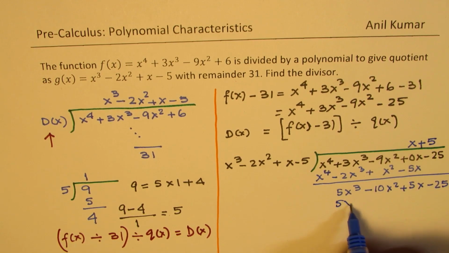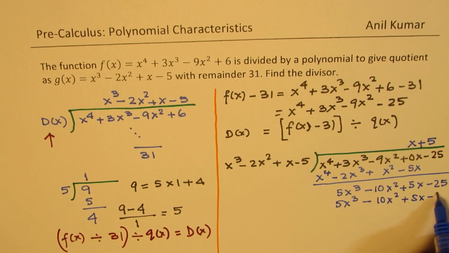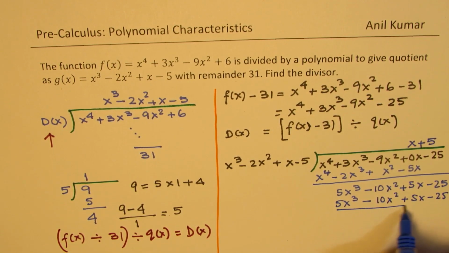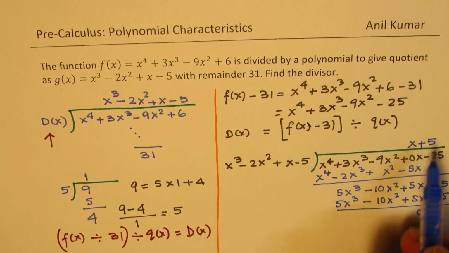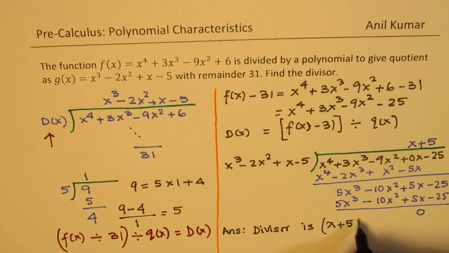So it goes 5x cubed minus 10x squared plus 5x minus 25, and as expected, the remainder will be 0, since that is a multiple, correct? And so we get our answer, and therefore we can write down our answer. That is, the divisor is x plus 5.